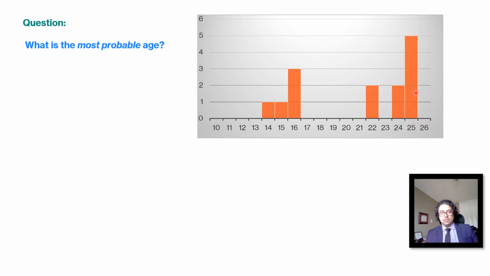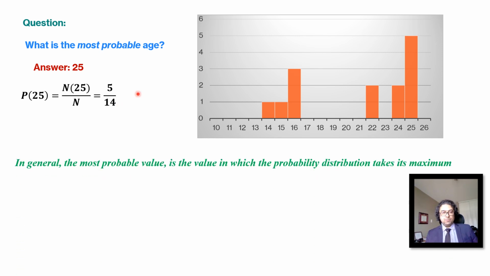So the maximum in my probability distribution would give the most probable age. So that was easy by looking at this histogram. So P25 is the number of students at 25 divided by the total number of students, which is 5 over 14. So in general, the most probable value is the value in which the probability distribution becomes maximized, so it takes its maximum.